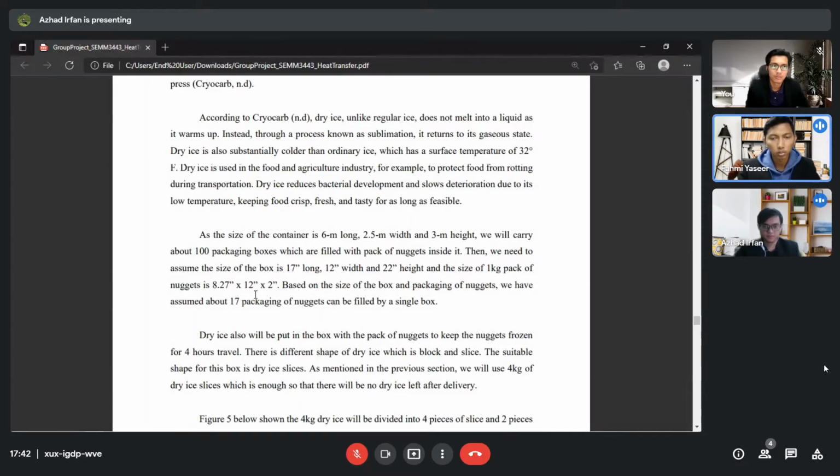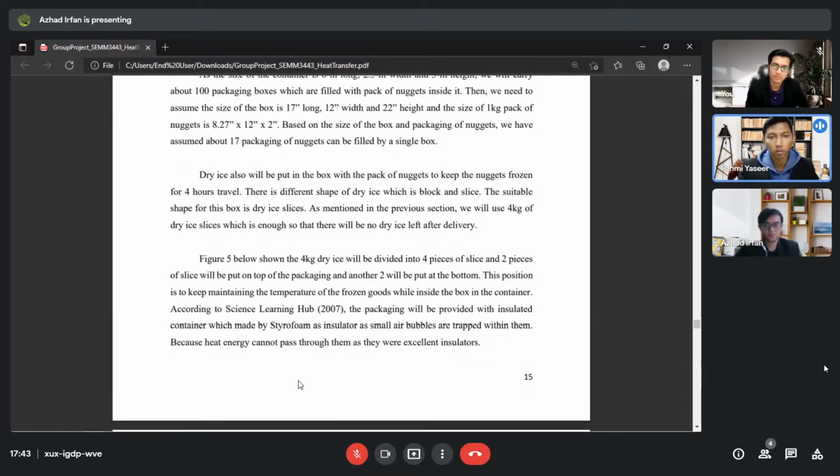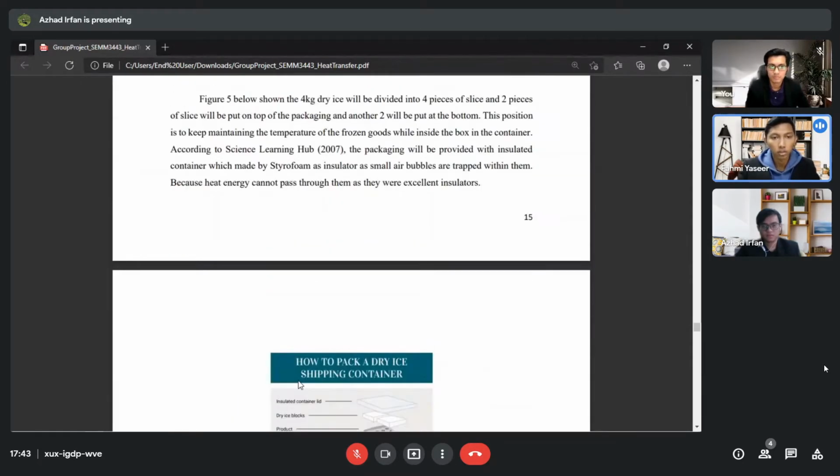So we assume about 17 packaging of nugget can be filled by a single box. That is, we will use about 4 kilogram dry ice divided into 4 slices, and 2 slices at the top of the box, and another 2 pieces will be put at the bottom of the box. Okay, this position is to keep maintaining the temperature of the frozen goods.